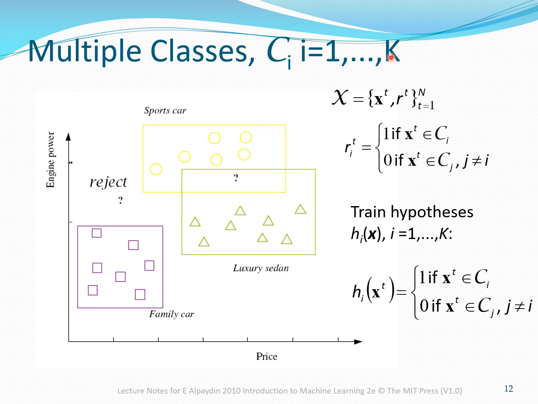The training set is now of the form X equals {x^t, r^t}, t equals 1 to N. This r has K dimensions, and r_i^t is equal to 1 if x^t belongs to Ci, and r_i^t is equal to 0 if x^t belongs to Cj, where j does not equal i.